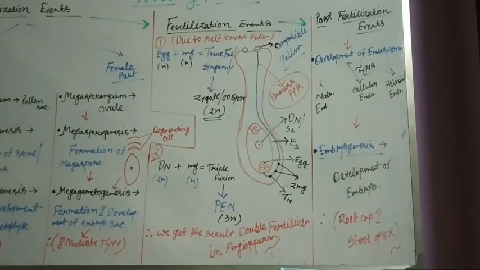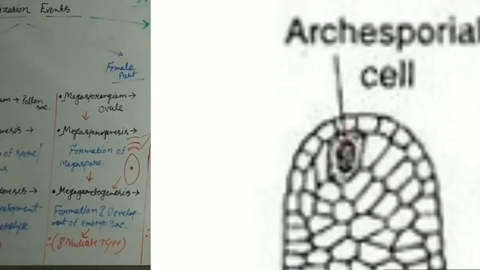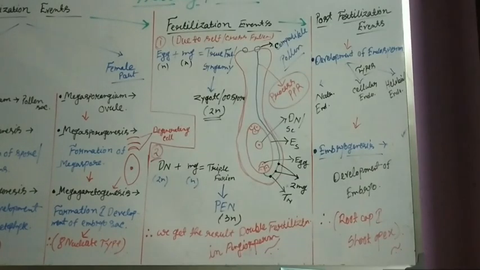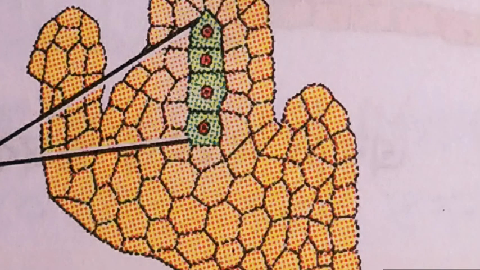The development of the megaspore takes place from a specialized hypodermal cell called the archesporial cell. This cell, after various divisions, forms a megaspore tetrad, which means a cluster of 4 cells.